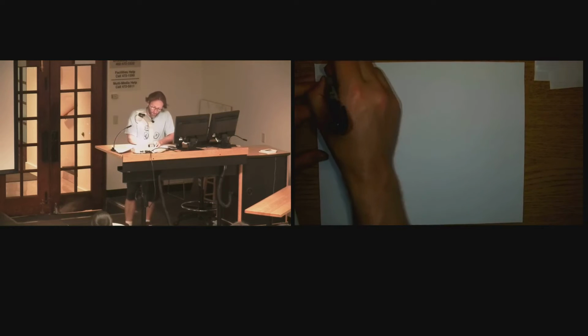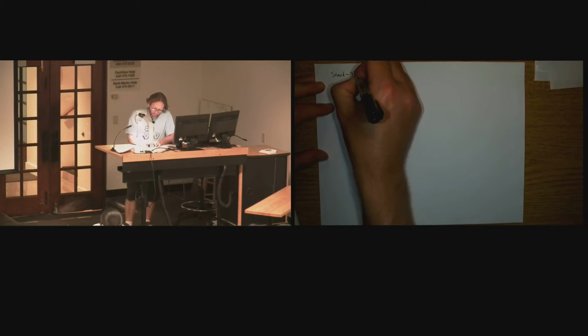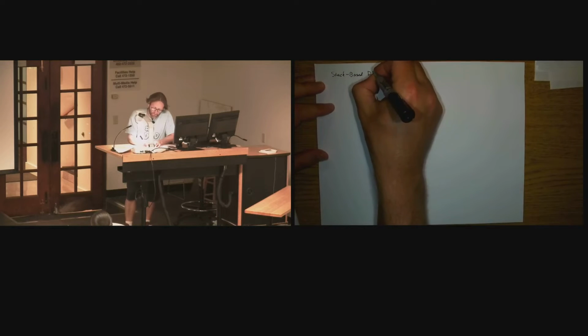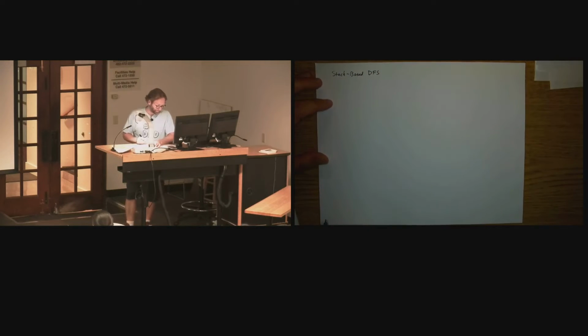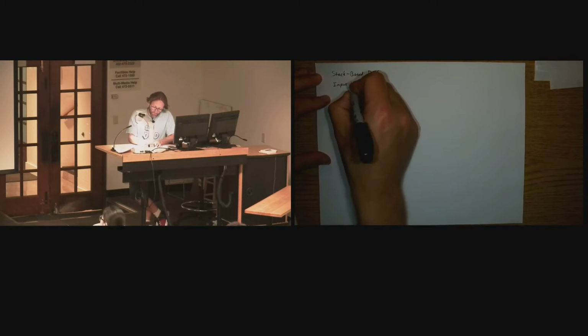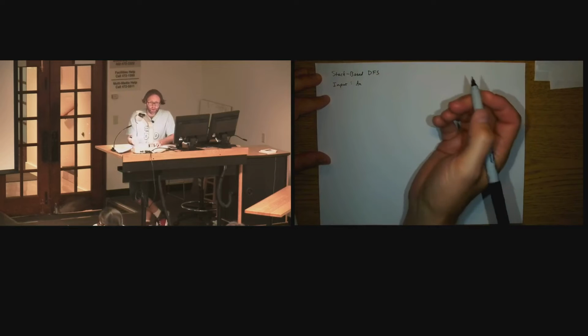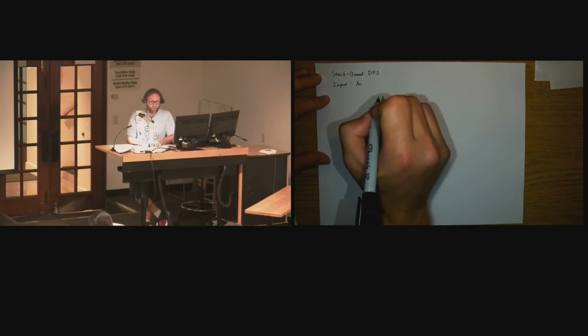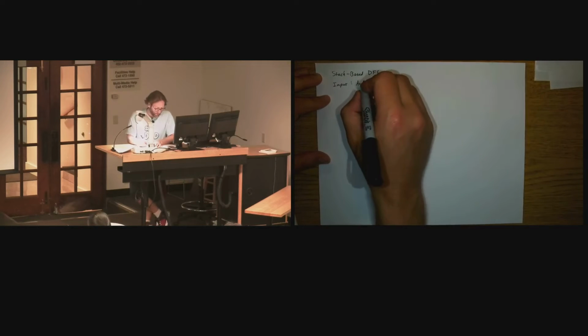So here's our algorithm. It's a stack-based DFS, depth first search. Our input is simply going to be a graph, undirected or directed. I'll go ahead and leave that blank because it'll work either way.